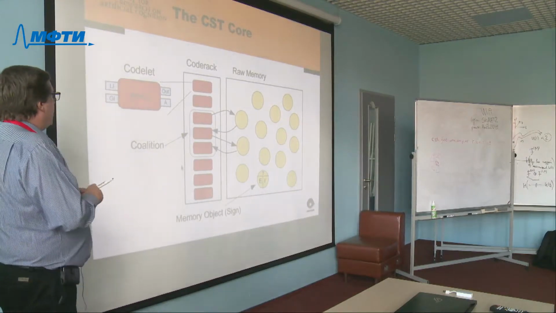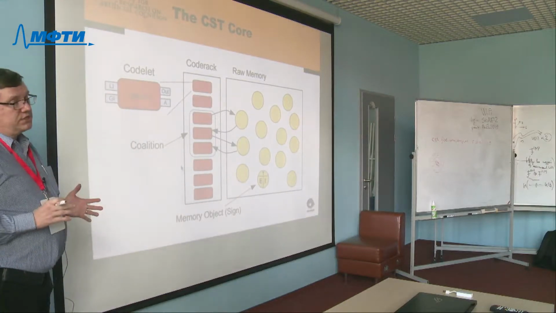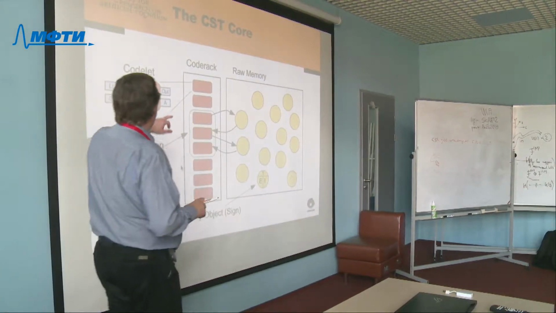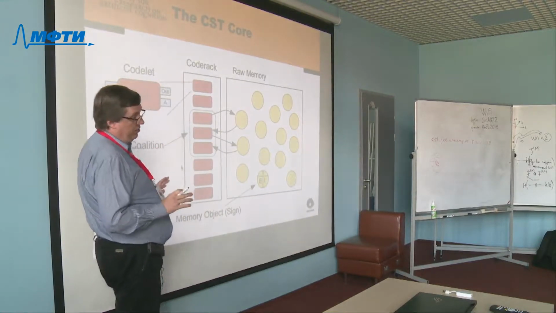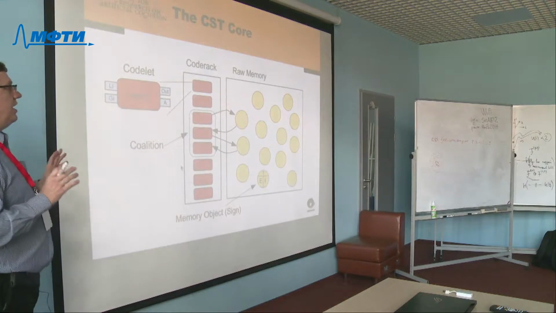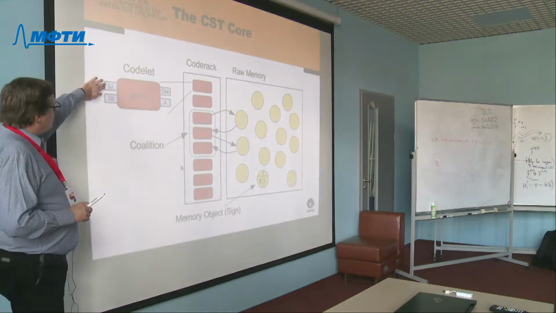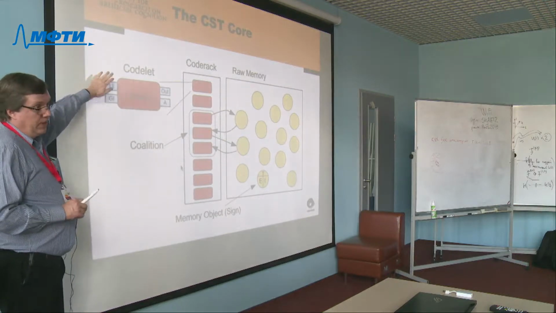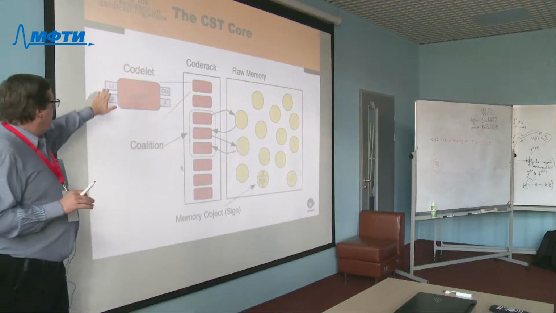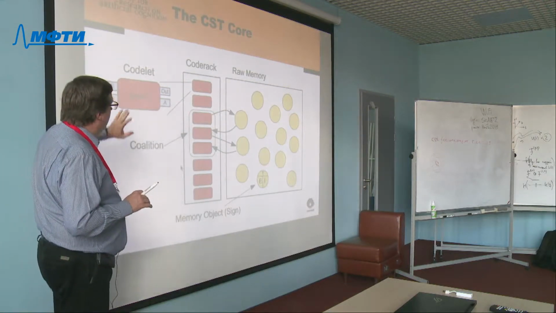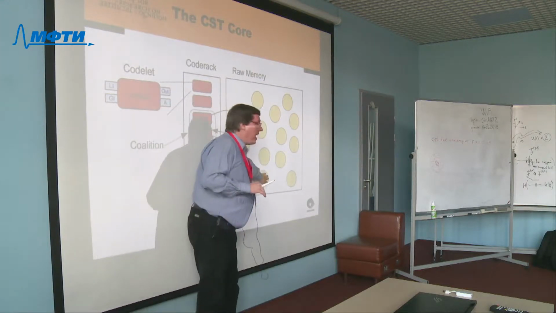Well, the codelet has two different input ports, okay? And one output port and one activation value. Okay, let's try to understand how this works. The first one is the local input. The local input is the standard input, the way in which generally every codelet receives information from a memory object.